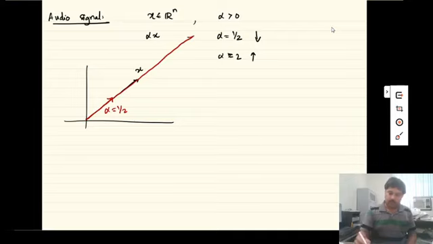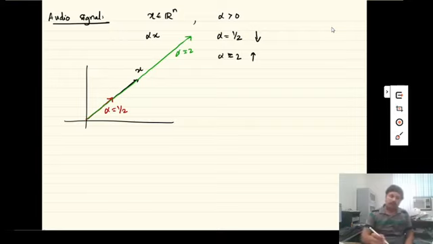Okay, so maybe I should use a different color. So alpha equal to half is this, and when you use alpha equal to 2, then alpha x is this particular vector represented by b. So if you have alpha equal to minus 1, then you will get this particular vector.